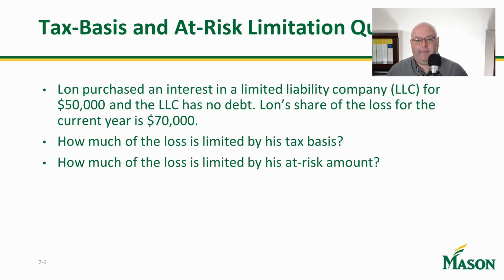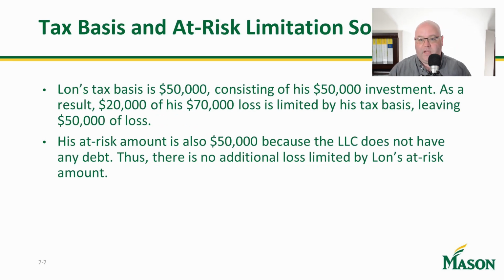Basically this is an example. Lon purchased an interest in a limited liability company for $50,000. There's no debt. Lon's share of the loss for the current year is $70,000. How much of this is tax basis? Well, obviously it's the $50,000. So they let you take the $50,000, and then $20,000 is going to be loss limited.